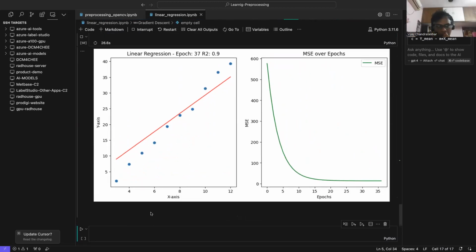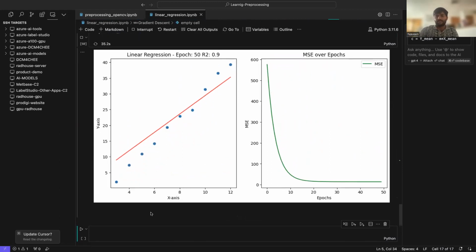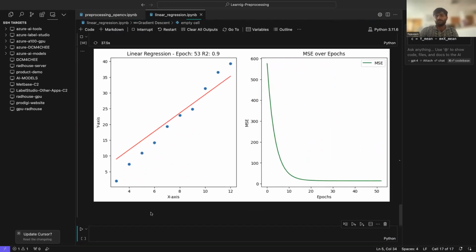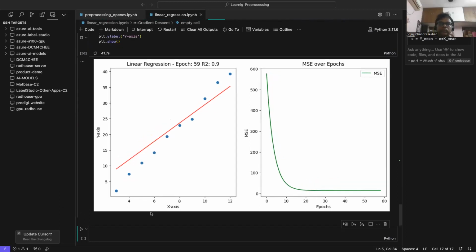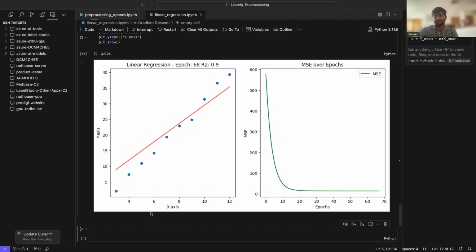So for your algorithm, have you stopped it with the number of iterations, or did you choose to look at the R square? Yeah, if the R square hasn't improved beyond 0.05 for 100 epochs, I'll stop it. This will get stopped around maybe 120 or something. By the way, it won't be the same.